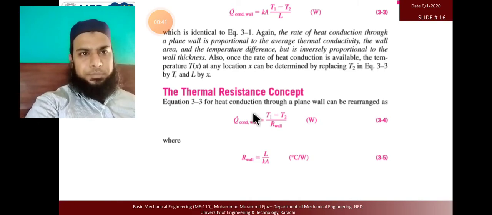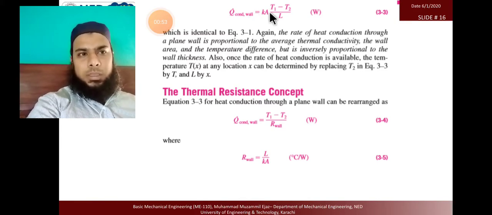Let's first talk about conduction. In conduction, we have the formula kA(T1 minus T2) upon the thickness. In static conditions, like the construction material in our homes and rooms, the only changing factor is the temperature difference.